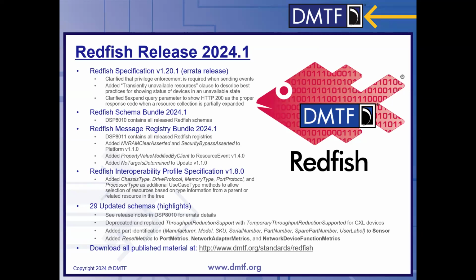And a word on these is that these registries are intended to provide standardized error messages or just condition alerts for any of the equipment that's covered by the Redfish schemas. So if you have a need for something that sounds like an industry facing condition or an event, and I think security bypass asserted is a good example of that, please provide that feedback to us.